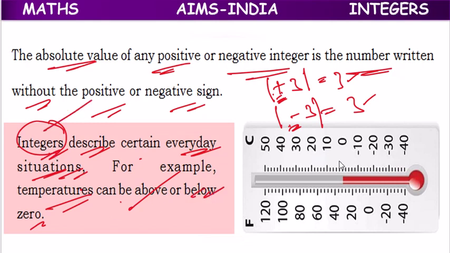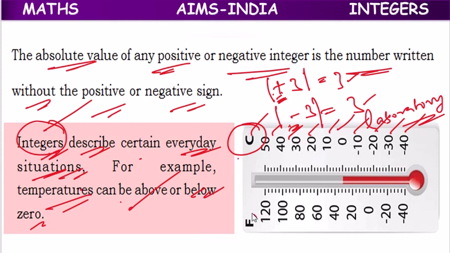If we go to a clinic, if the doctor wants to check our temperature, or in a laboratory while doing experiments, they have to do the experiments at a certain temperature below 0. So while measuring temperature, we make use of integers like 0, 10, 20, 30, 40, 50, or minus 10, minus 20, minus 30, minus 40. It may be in degree centigrade, it may be in Fahrenheit, but while measuring temperature, we make use of these integers.